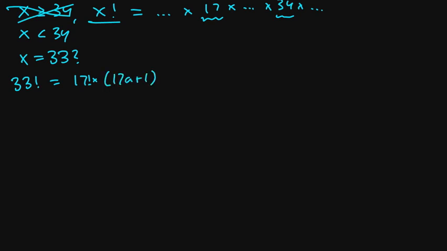Well, we can divide both sides by 17 factorial to get 18 times 19 times ... times 33 is equal to 17a plus 1.